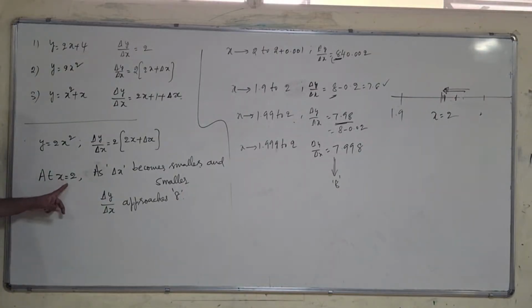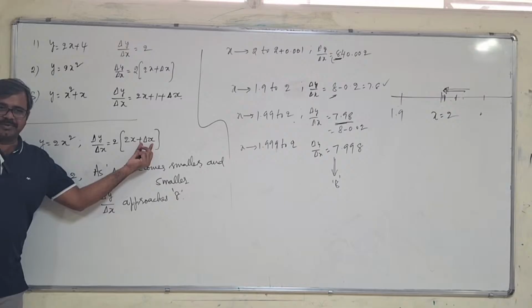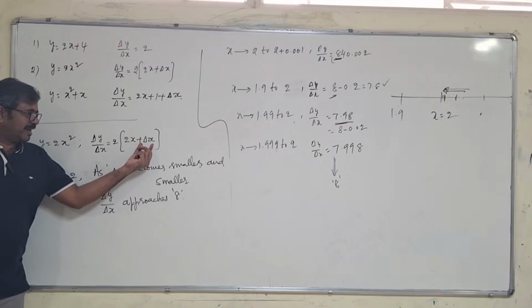Similarly, if it's not 2, look at some other number. Instead of taking x is equal to 2, now take x is equal to 3. Delta x is becoming smaller and smaller, very, very small. If the interval is very, very small, can I neglect this term here?